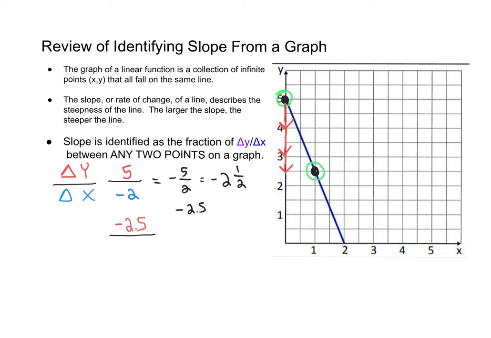And then to calculate my change in x, I moved to the right, or in the positive direction, 1. So my denominator is 1. And once again, we see the exact same slope. Our slope is -2.5.